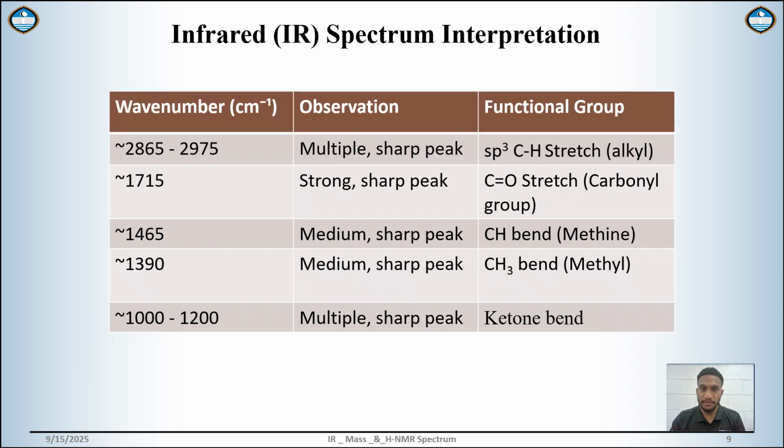This is the summarized table, which is divided into wave number in reciprocal centimeter, observation of the peak, and the functional group. Wave number approximately 2865 to 2975 reciprocal centimeter shows multiple sub-peaks and a functional group of alkyl, which is an sp3 C-H stretch.